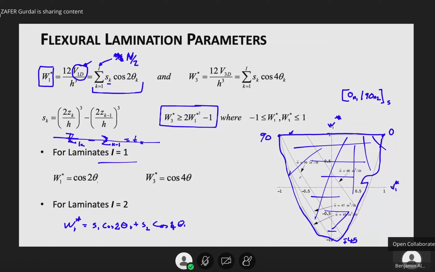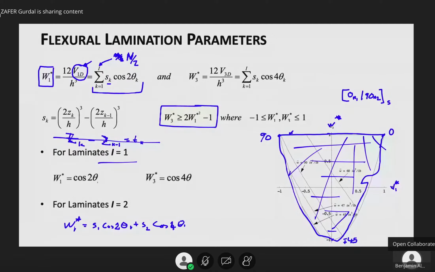The question now is, are they linear in terms of the linearization parameters, that is D quantities? If we can show that they are actually linear in terms of this W1 and W3, then some straight lines inside this diagram will correspond to either D terms or some combination of the D terms. Okay?